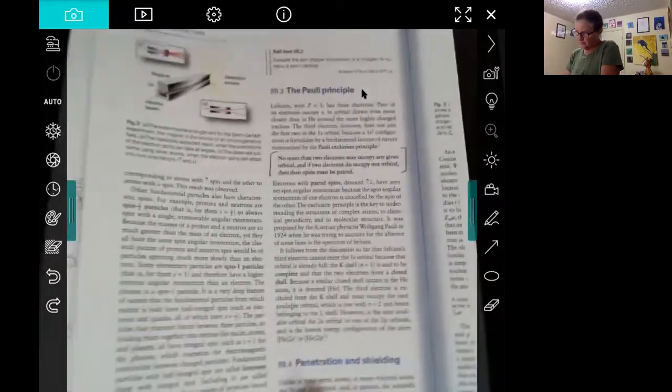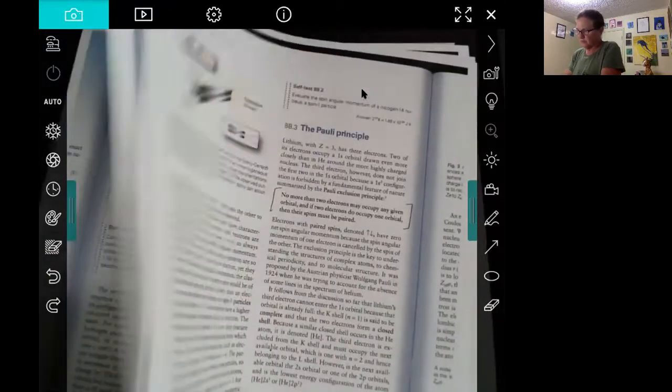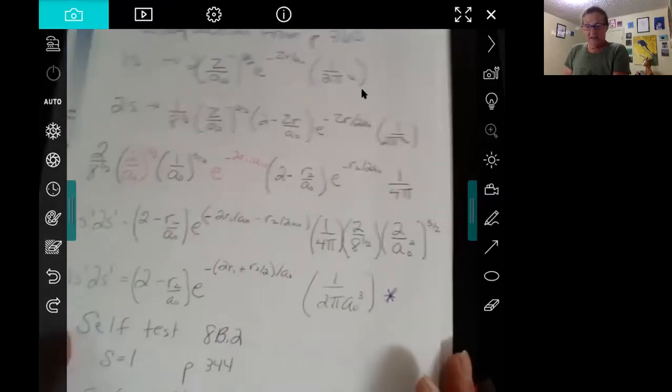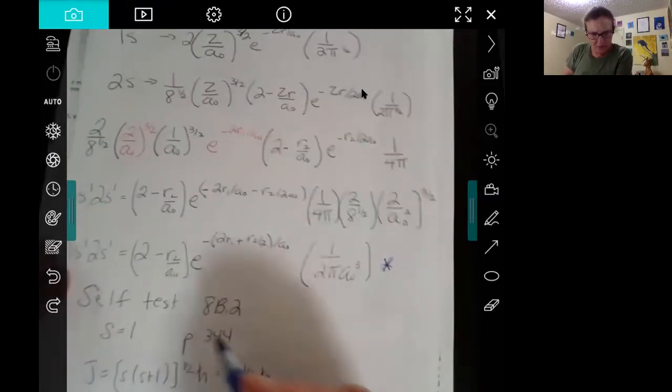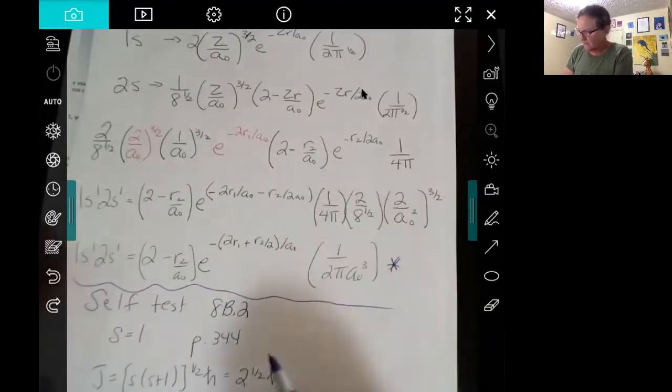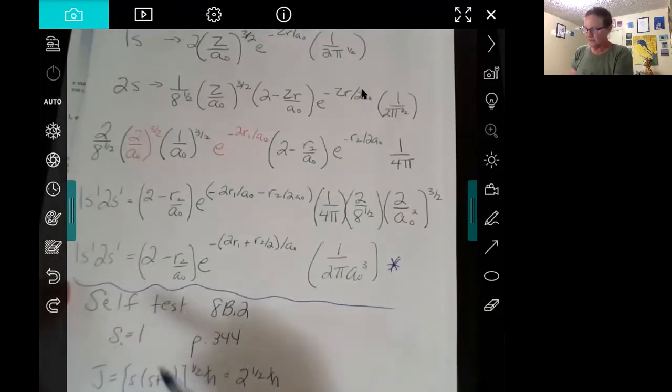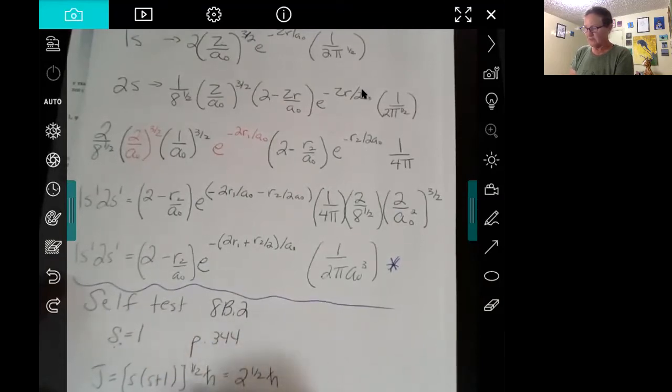This self-test just takes us back to what we did in focus 7. So in focus 7, everywhere where you see an L, you're going to put in an S. So if our spin is 1, which is what this problem says, this self-test, if we look on page 344, the equation says that then the angular momentum is L times L plus 1 to the 1/2 h bar.